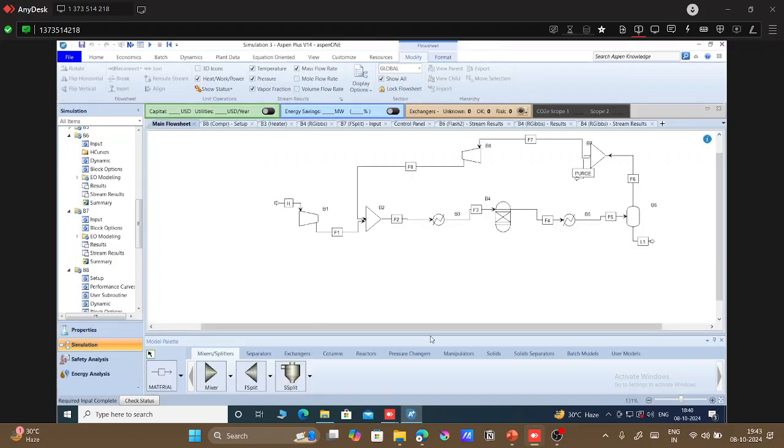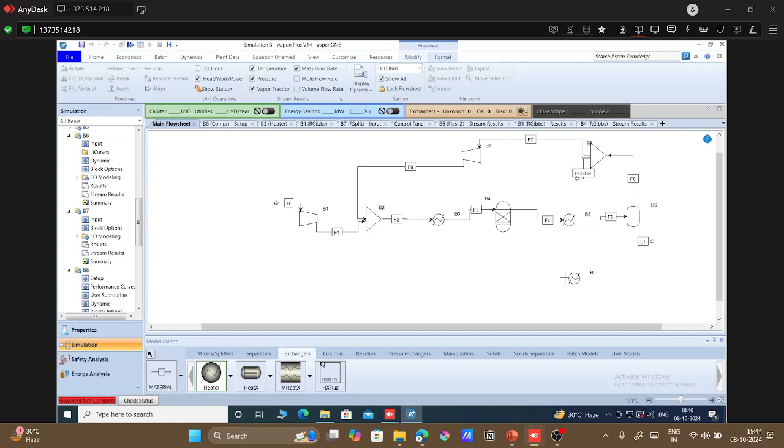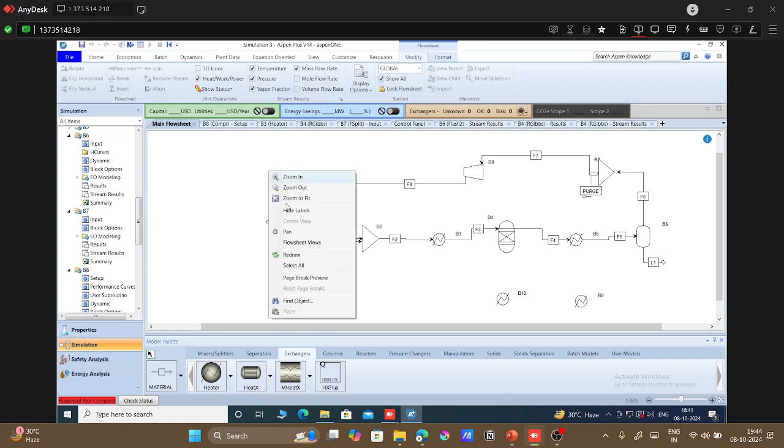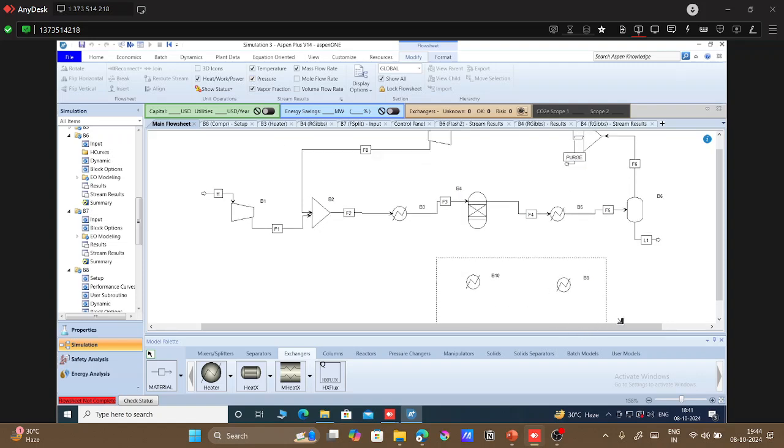Okay. Now we will add two exchangers, exchanger 1 and exchanger 2. It's not showing energy labels. Just a minute.